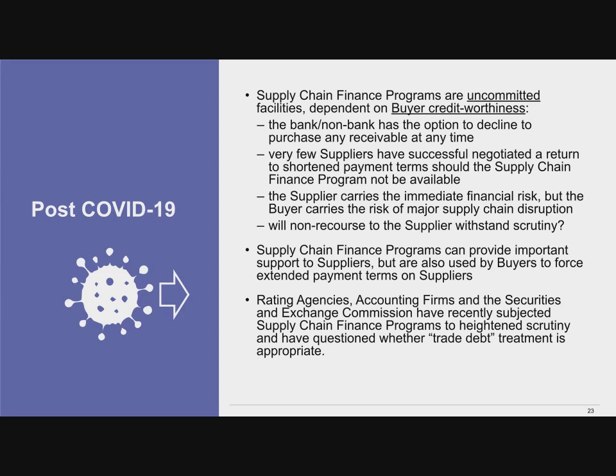And that may not be a particularly easy thing when the buyer itself may be going through a working capital crunch. So the way I look at it is the supplier is often the entity that carries the immediate financial risk associated with these programs.